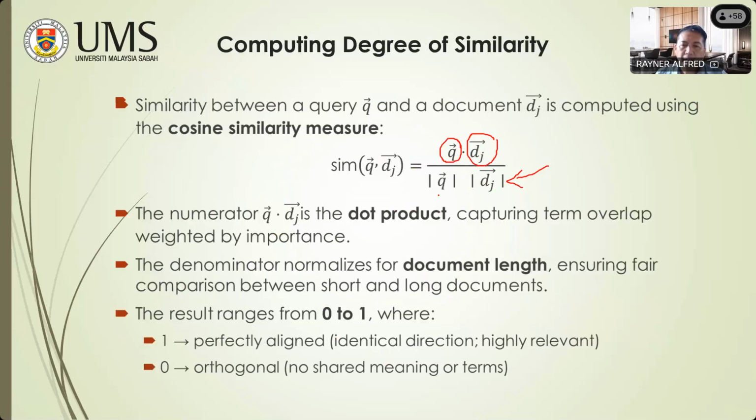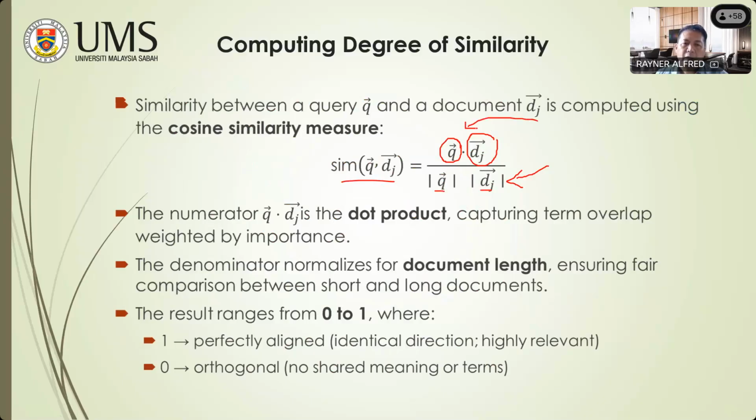So we take the length of Q and the length of the document, and then we have the similarity here. Since Q and document are vectors, both must have the same length and correspond to the same terms. We do not want different lengths and different terms.